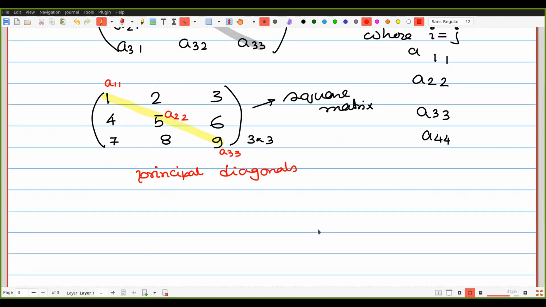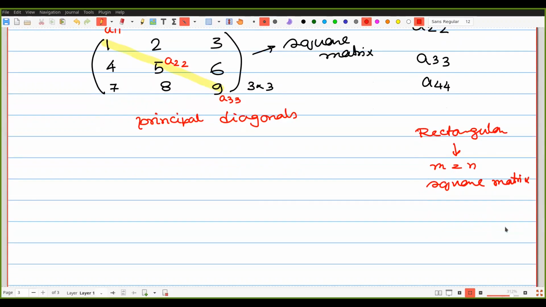So, two parts already. First one, rectangular. Second, if m is equal to n, we get a square matrix. Now, from the square matrix, we have not yet proceeded to the diagonal matrix. Which one is a diagonal matrix?